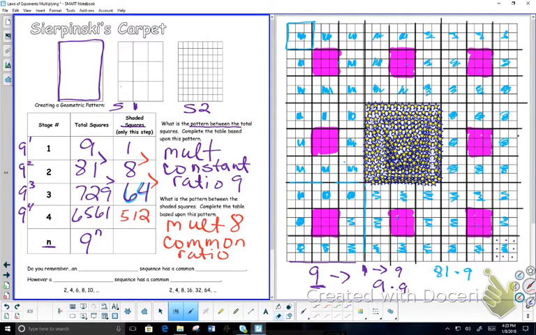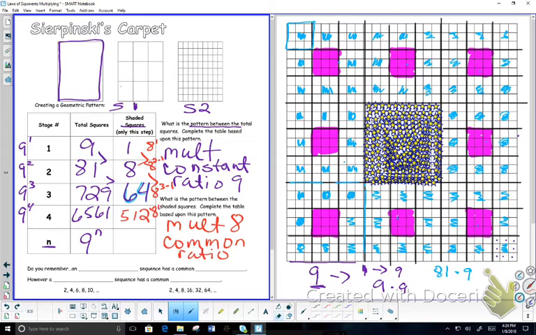Now, this one's a little different. Notice when I do this first one, if I did 8 to the first power, doesn't that give me 8? But the answer there is 1. But here is where I actually get 8. But notice if I did 2 minus 1, 8 to the first power, that's 8. So this would be 8 to the 3 minus 1, which would be 8 squared.